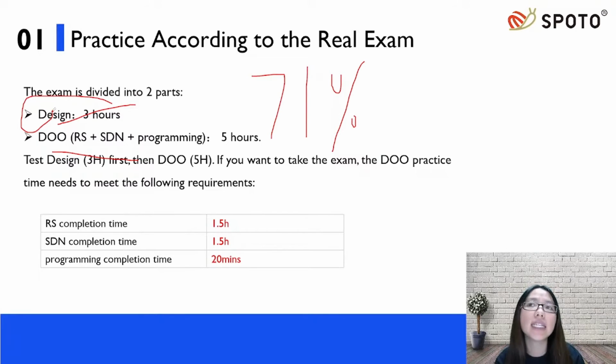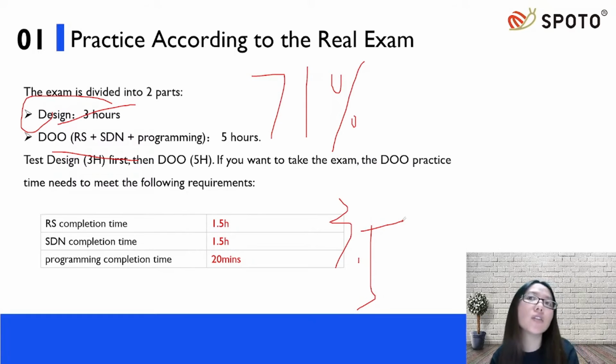We mainly look at the DOO module. SPOTO has clear practice standards for our students. For example, it is recommended to complete DOO within 3.5 hours before recommending students to take the exam. For example, routing, switching, and SDN each need to be completed within 1.5 hours.